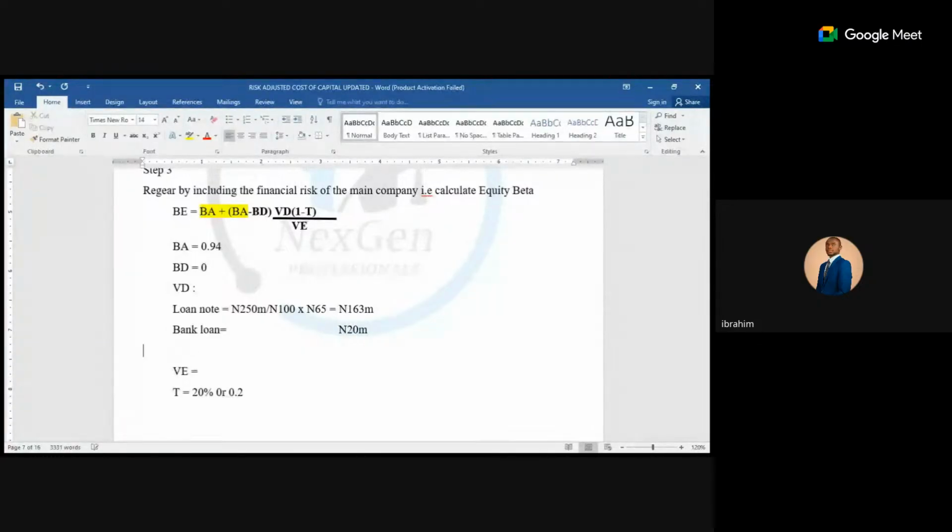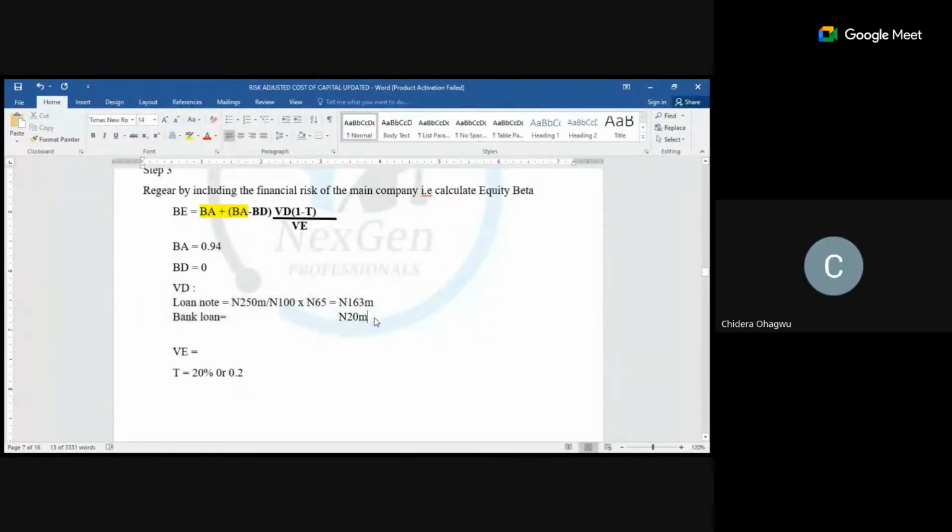So what is the total market value of debt? 183 million. Okay, 183 million, right? So this is the total value of debt.